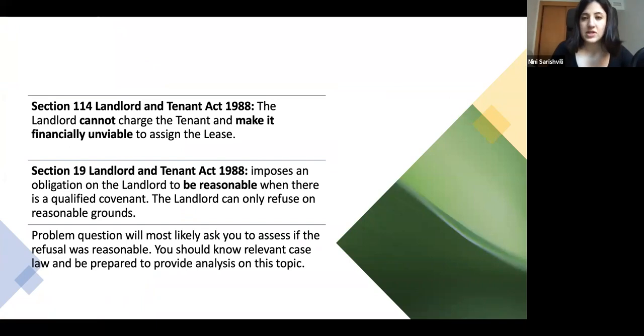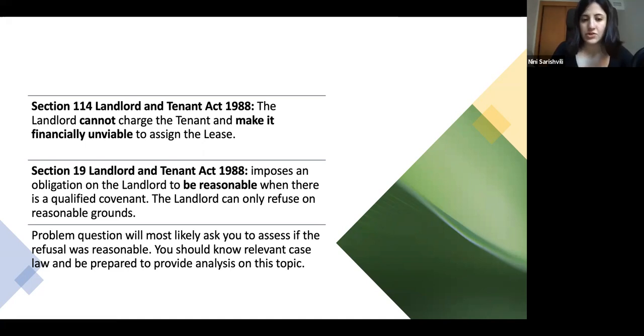These are the relevant sections from the Landlord and Tenant Act that you will need to use in a problem question on this topic. Section 19, when the landlord cannot charge the tenant and make it financially unviable to assign the lease. Section 19, very important, that's the reasonableness requirement. The landlord has to be reasonable when there is a qualified covenant, and whether or not the refusal was reasonable is what Section 19 guides in that analysis.